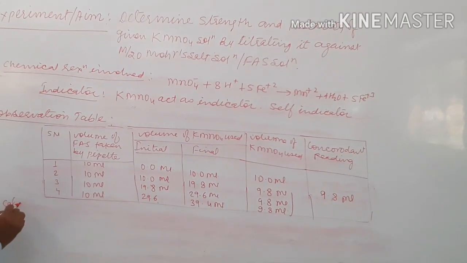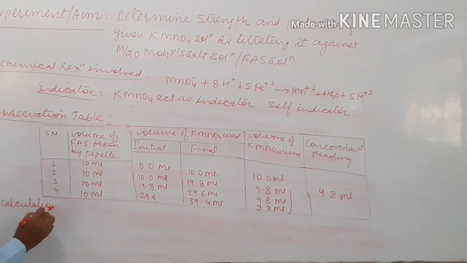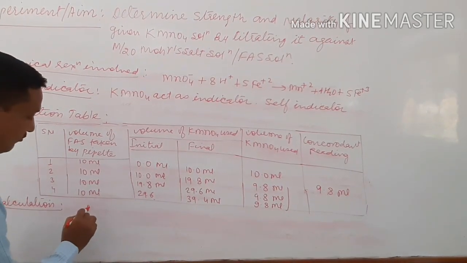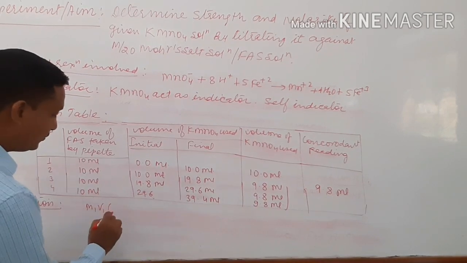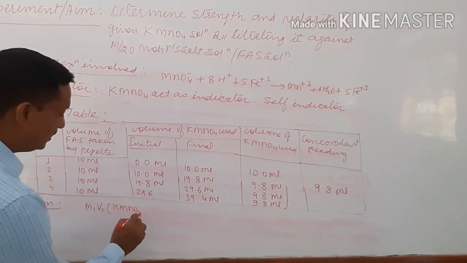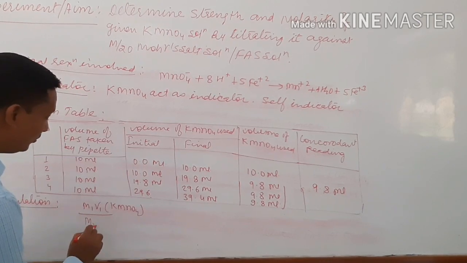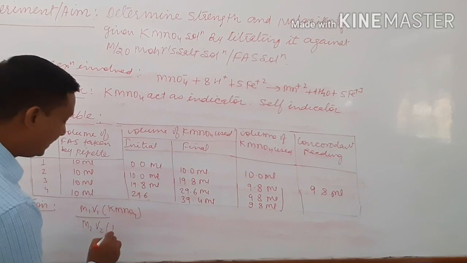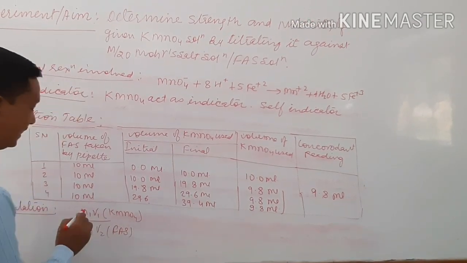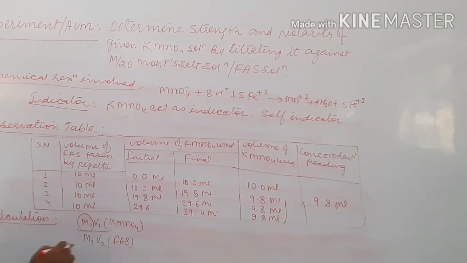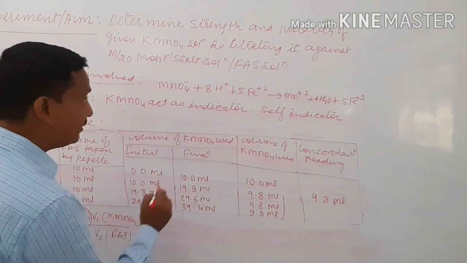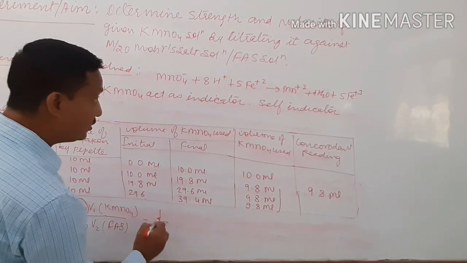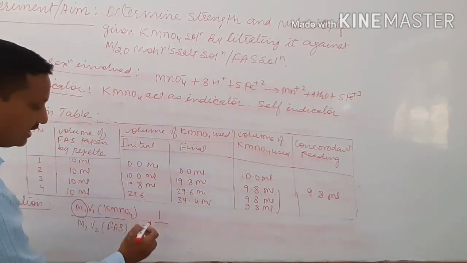So calculation. We can say m1 v1 for KMnO4, and m2 v2 for ferrous ammonium sulfate, FAS. One mole of MnO4 reacts with 5 moles of ferrous ammonium sulfate.